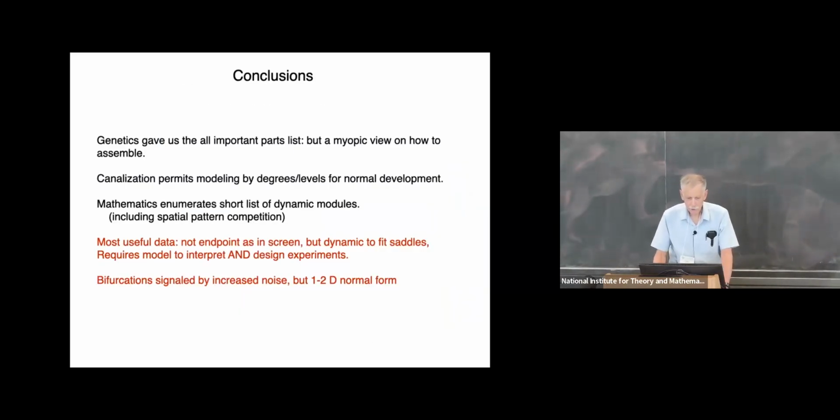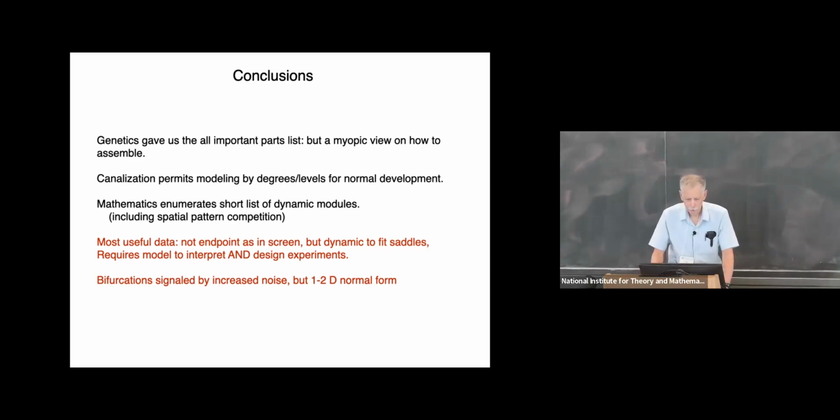Okay, so we're in the middle of doing all this. We have these technical means well in hand, and we are now fitting multiple embryos. So to conclude all this, we have to acknowledge that genetics gives us the parts list, genes, but a very myopic view on how to actually fit a model.